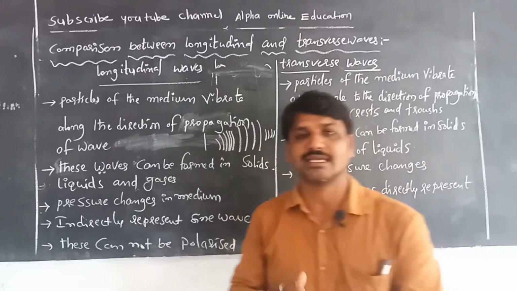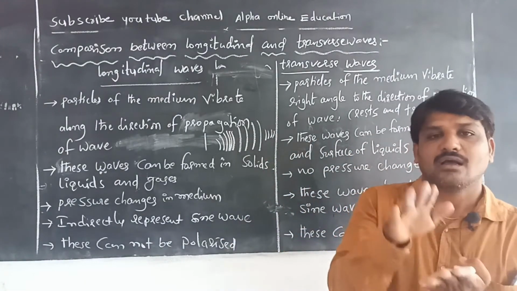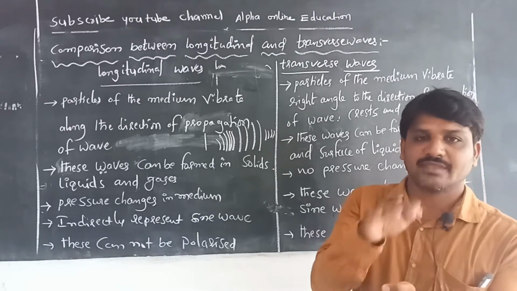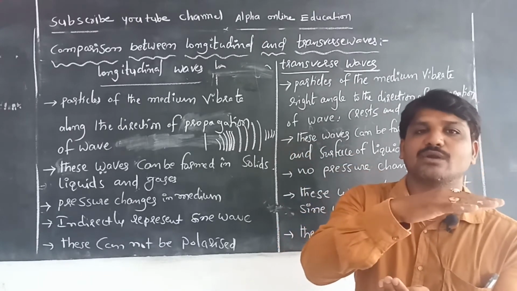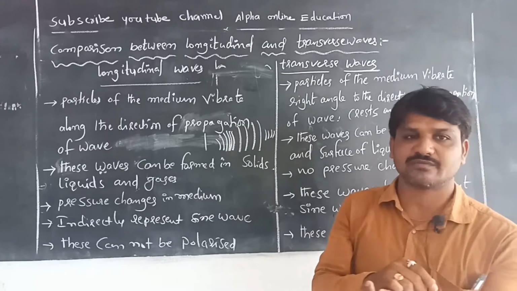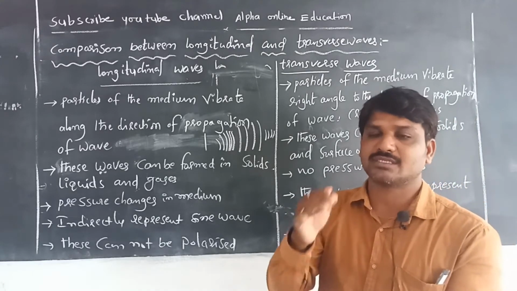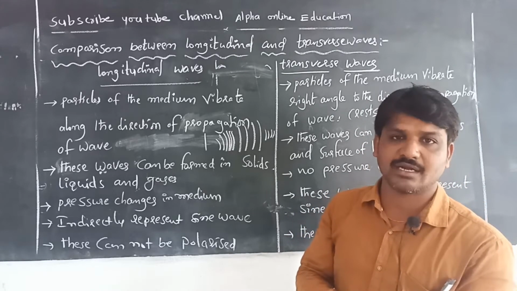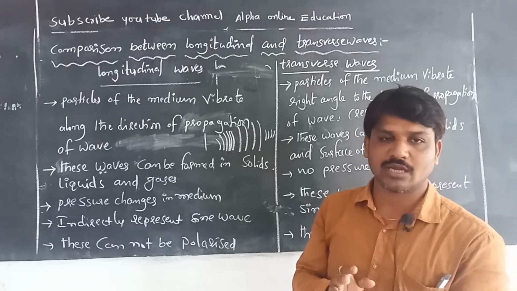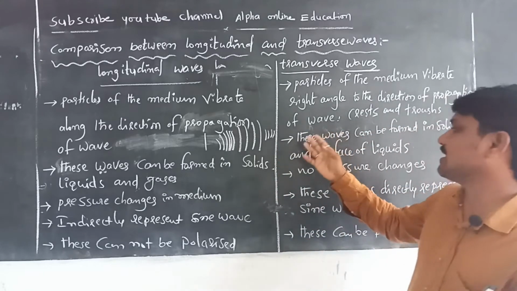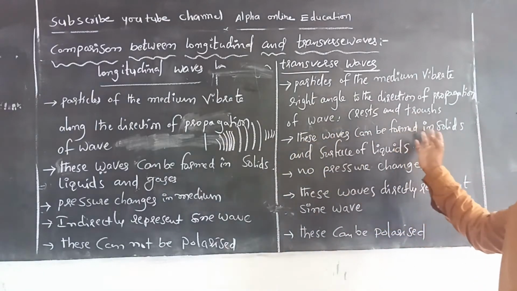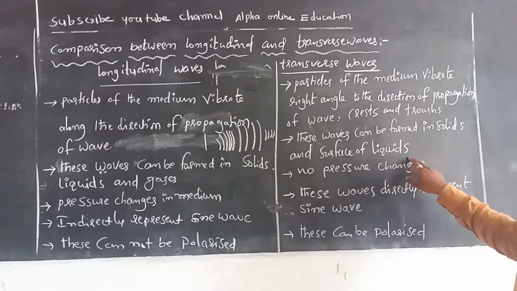So whenever liquids are flowing, only the surface moves as a transverse wave. The remaining liquid inside stays at the same normal stress. So these waves can be formed in solids and only on the surface of liquids.